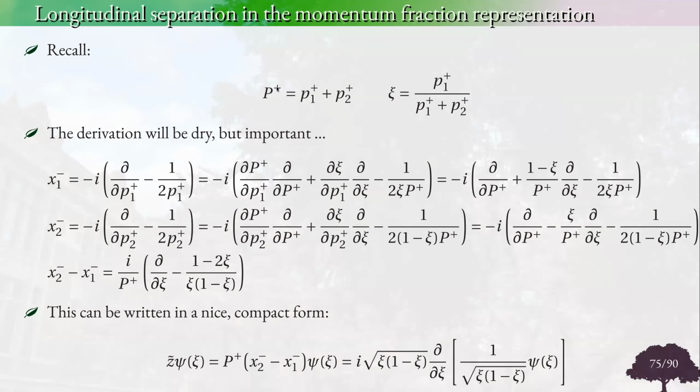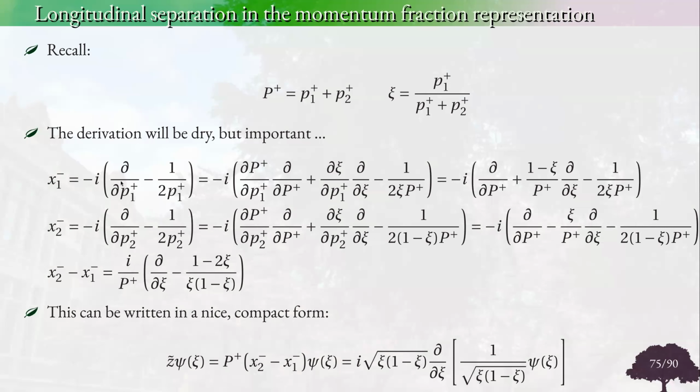If you recall, the total momentum is, of course, just the sum, and your momentum fraction is you take one of your momenta, P1 plus in this case, divide by the total momentum. So your x1 minus and x2 minus in the momentum representation have these peculiar forms.